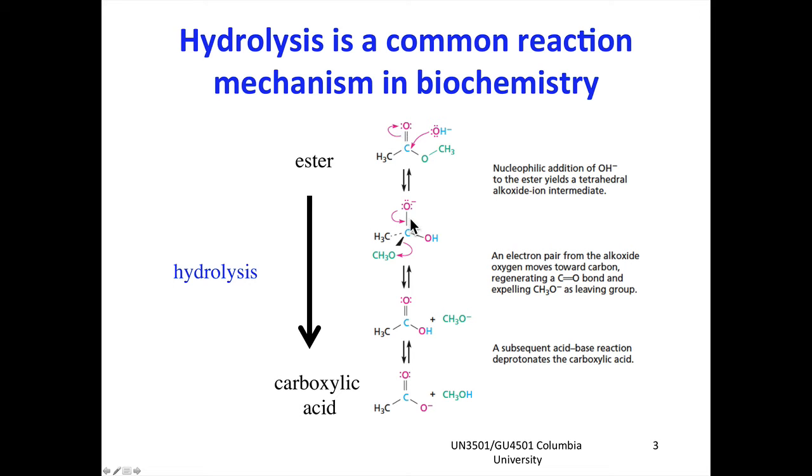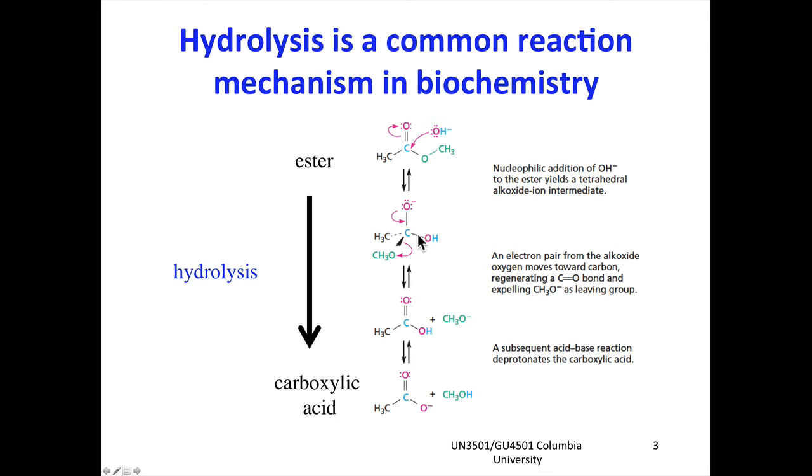We get this intermediate where we have 4 groups attached to this carbon, so it's a tetrahedral structure because these 4 groups try to get as far away from each other as they can, and that makes a tetrahedron or a tetrahedral geometry. And then the electron density on the oxygen comes back down and reforms this carbonyl.